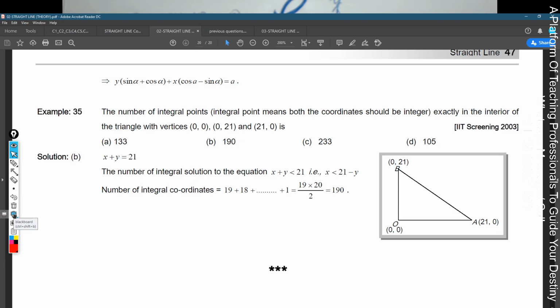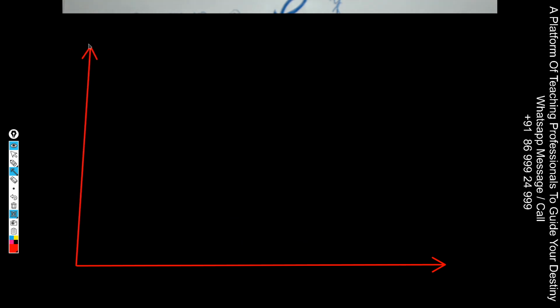Let me explain that. See, this is the x-axis because he gave 21 comma 0 there. This is the y-axis because he gave 0 comma 21, and he mentioned 0, 0 also.